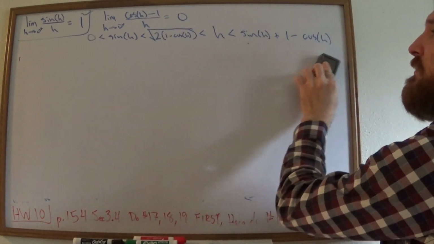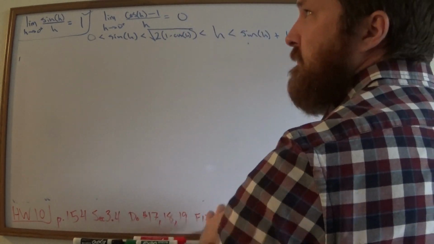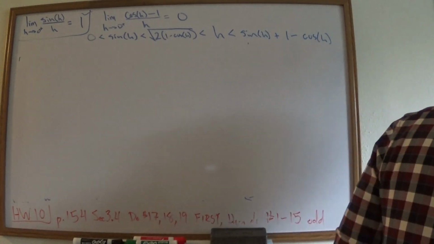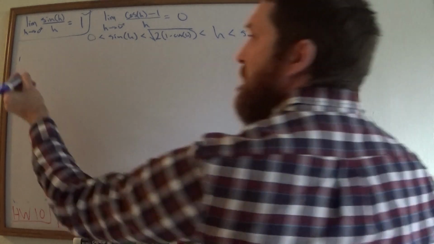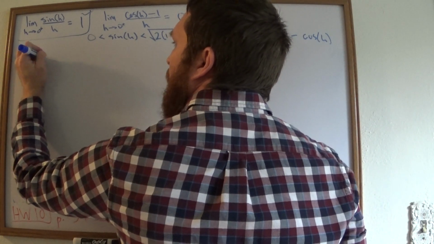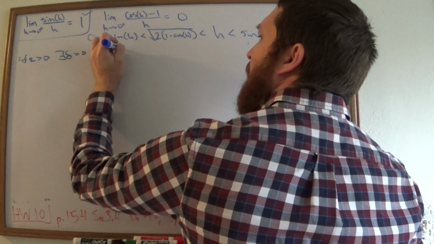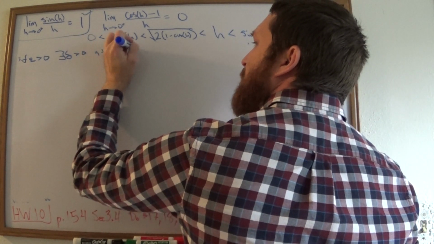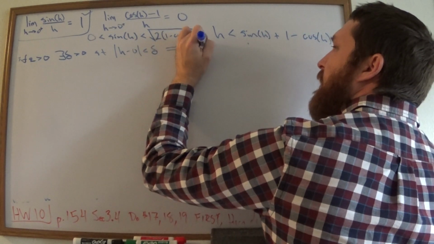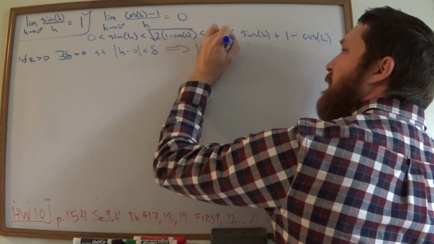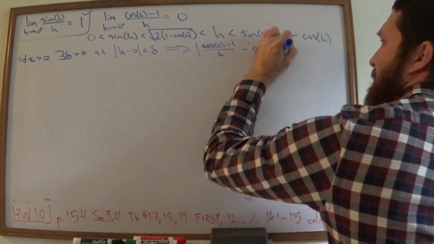So we're almost there, right? Because we need both of those to be true for the derivative of sine to be cosine. I'm just going to burn through this because this one is not that bad. So let's think about the definition of this. This means for all epsilon, there exists a delta such that whenever the absolute value of h minus 0 is less than delta, then it's true that the absolute value of cosine h minus 1 over h minus 0 is less than epsilon.